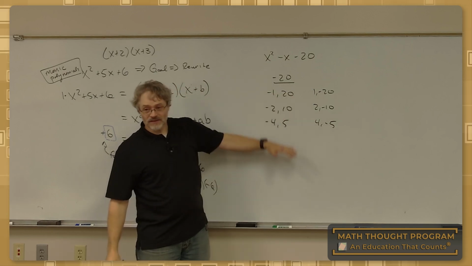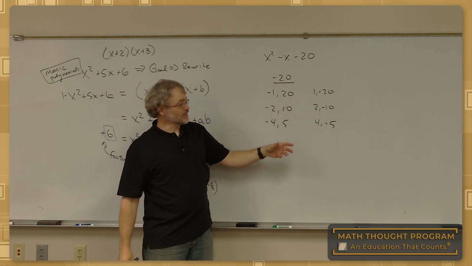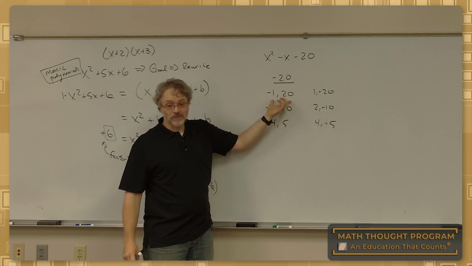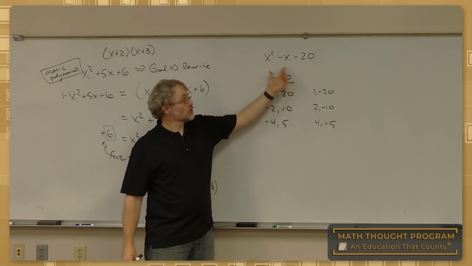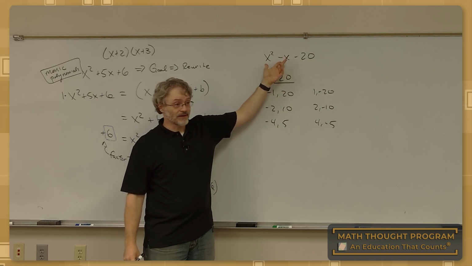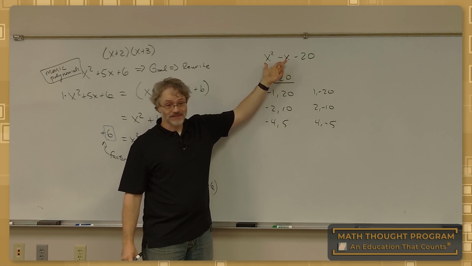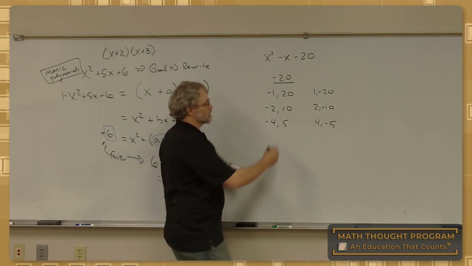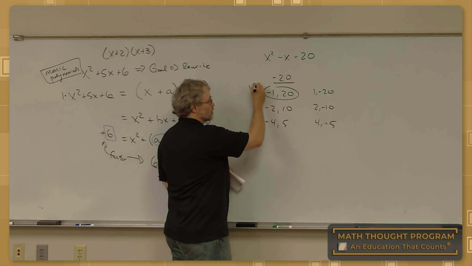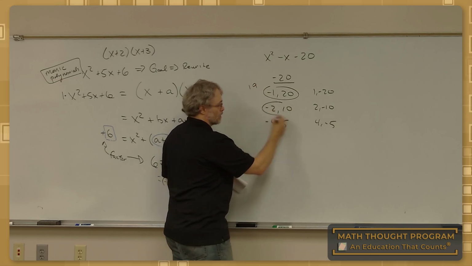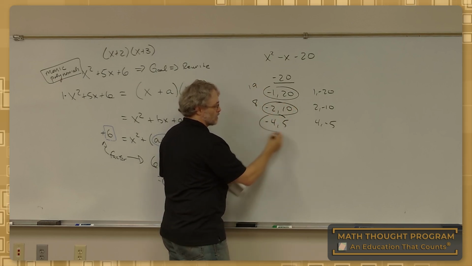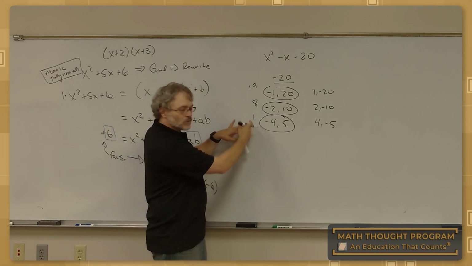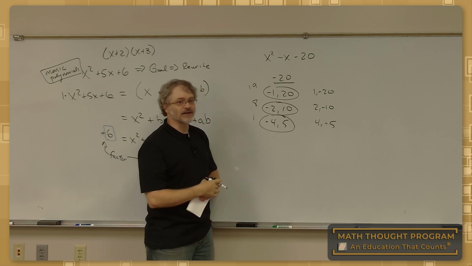So once I have my list done, the next thing is I just want to go through my list and see if I add up the factors, which one sums to the value of -1. And if I can't find it in my list, well, I know the polynomial is going to be prime. So add those up, I get 19. Here I get 8. And here I get 1. Now that's really close, just a little difference of sign.